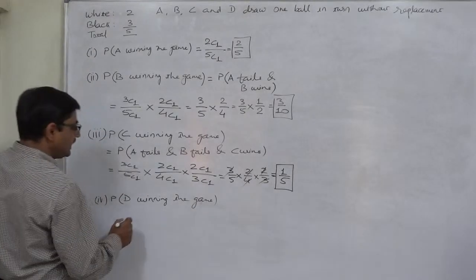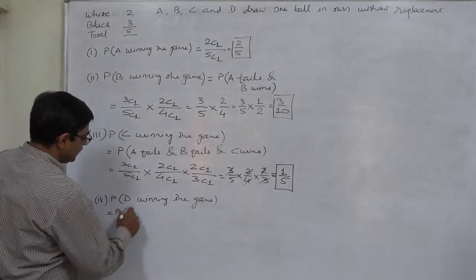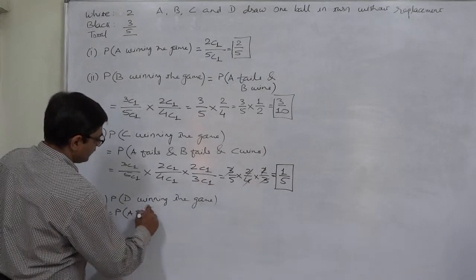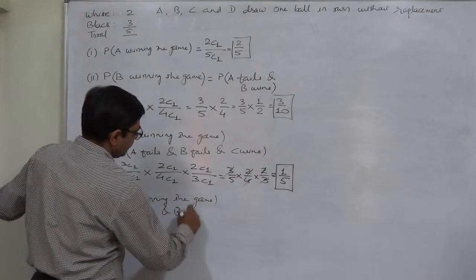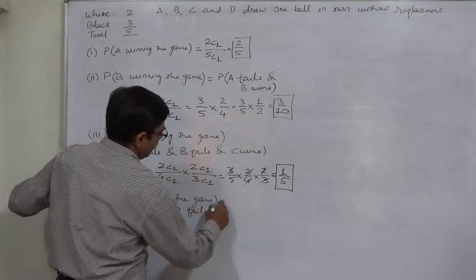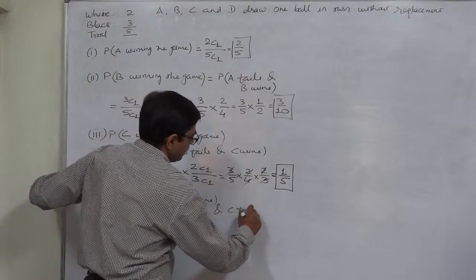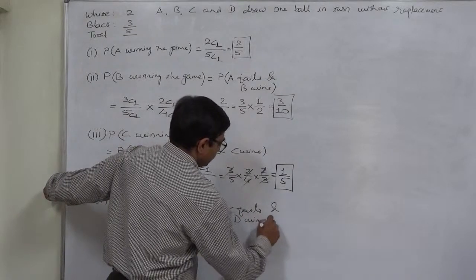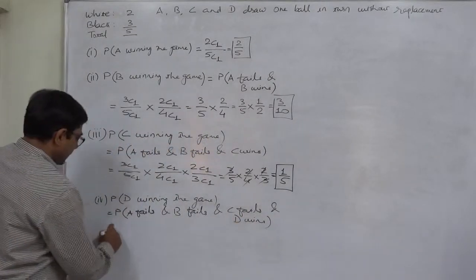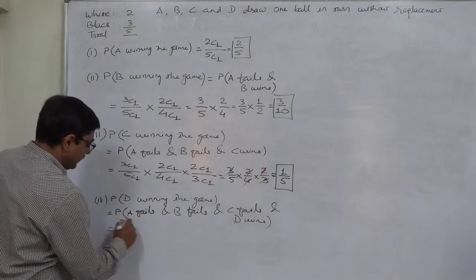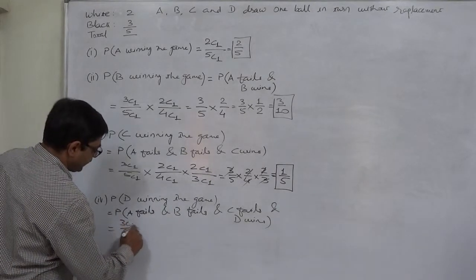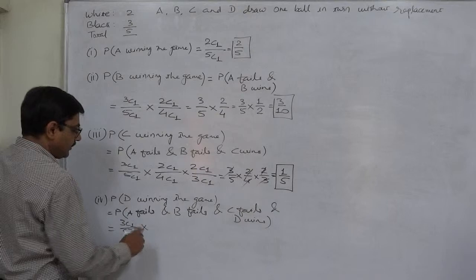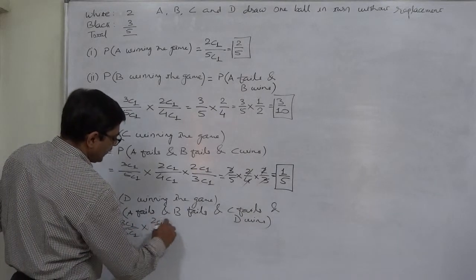So the probability of D winning the game is the probability that A fails and B fails and C fails and D wins. That means A draws a black ball, 3C1 upon 5C1. He is not going to replace it, so remaining 2 black balls.